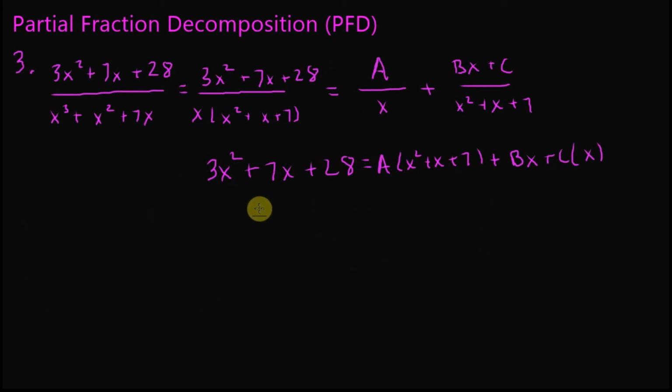However, let's apply some basic principles of algebra to see if we can get this into a much more manageable form. Let's distribute the a first to get ax squared plus ax plus 7a. Then we can distribute this x over here so that we get bx squared plus cx, and the left-hand side remains the same.